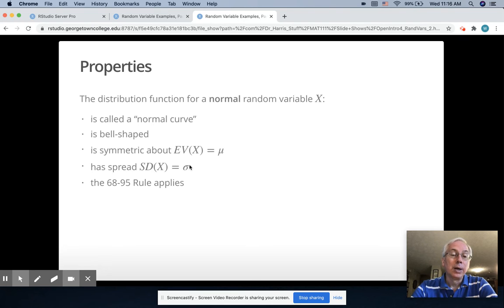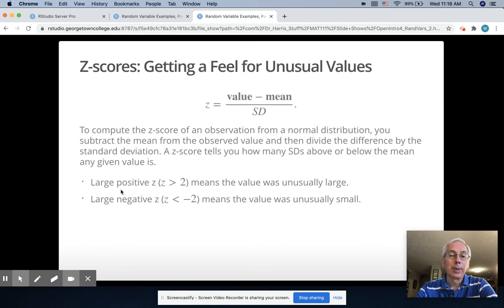Here we're not going to have formulas for what the mean and standard deviation are, but we're going to be told what those numbers are, generally speaking. And the mean will be called mu, the standard deviation will be called sigma. We'll be seeing these symbols a lot later on in the course. And so the 68-95 rule is going to apply to a normal random variable.